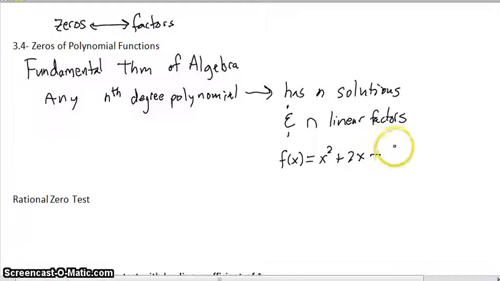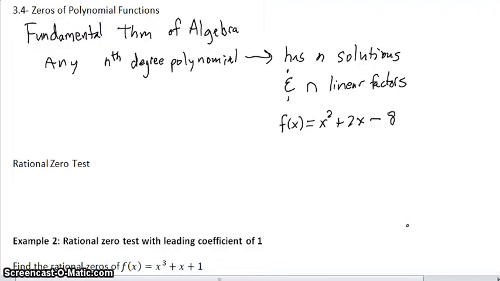It can be something that looks like this. That's going to have two linear factors and it's going to have two solutions because it's a degree 2 polynomial. That's what this theorem says.